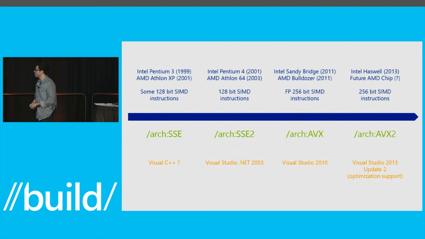Okay, so quick recap. This is that timeline slide again. And again, things happened between 2001 and 2011. It wasn't like everyone just went to sleep or something. And yes, Haswell has AVX2 support. Some future AMD chip will have AVX2 support.